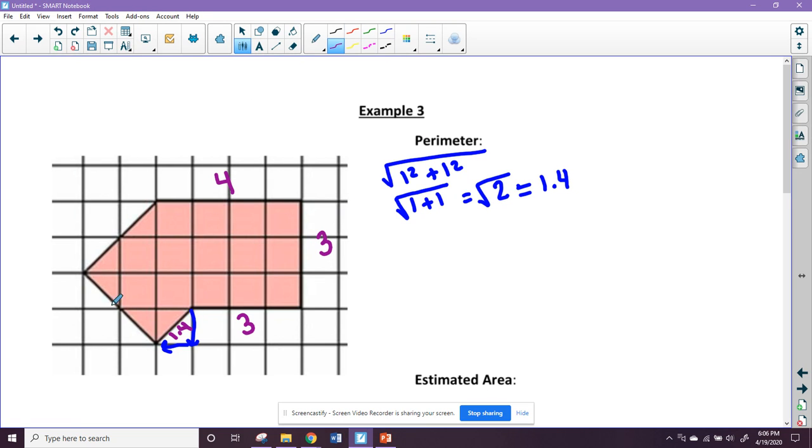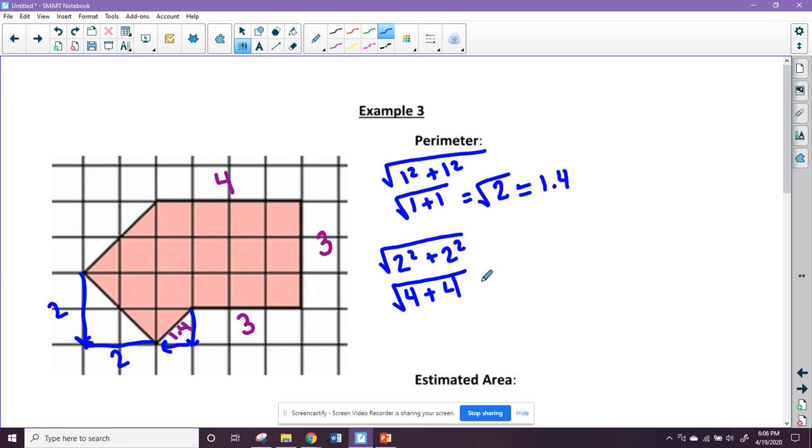Now let's find this length here. So it's a 2 by 2. So we do the square root of 2 squared plus 2 squared. So 2 squared is 4.